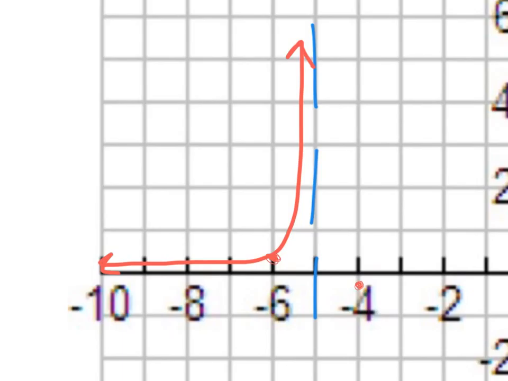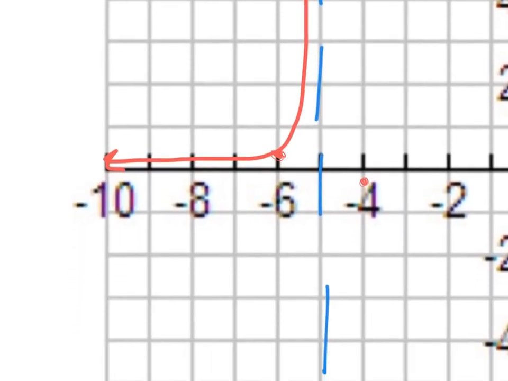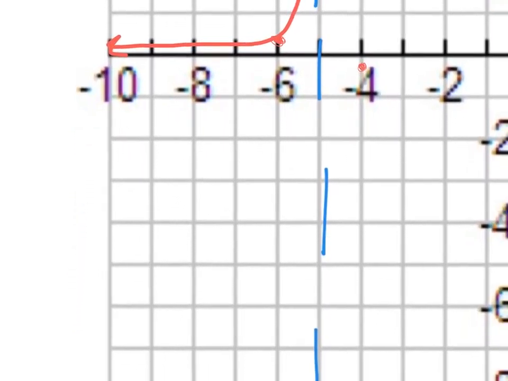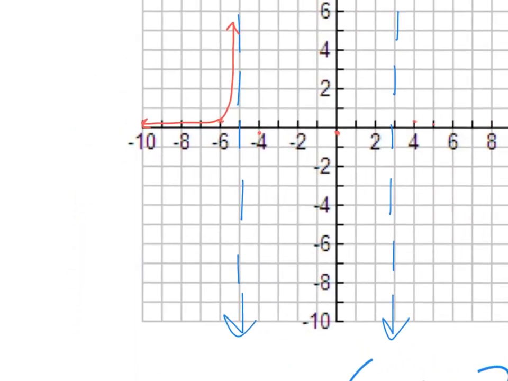Now, when we plugged in -6 and we got a positive number, that tells us that our graph has this type of shape. Had we plugged in -6 and gotten a negative number, that would have told us that our graph would have been going down and doing the same thing. It would have been hugging along the x-axis and then going down and following our asymptote.